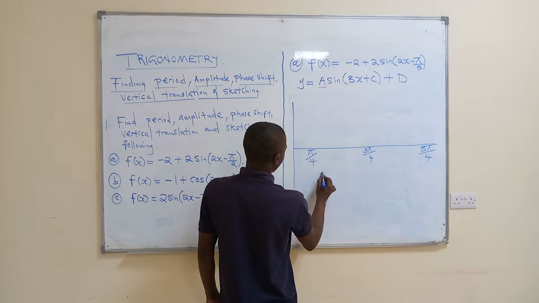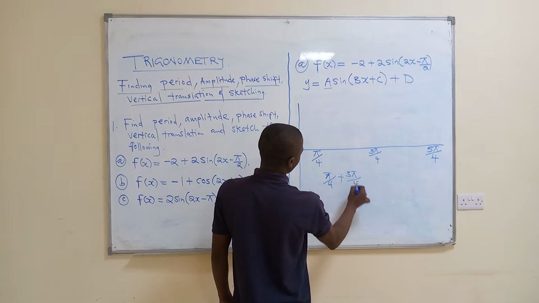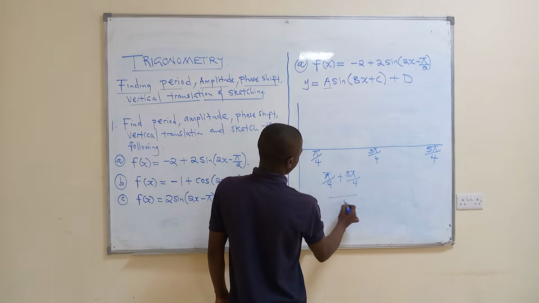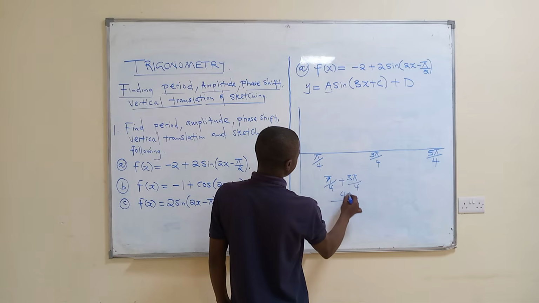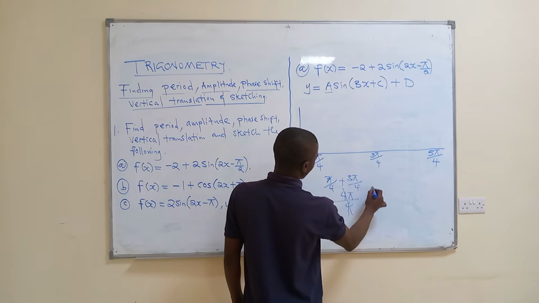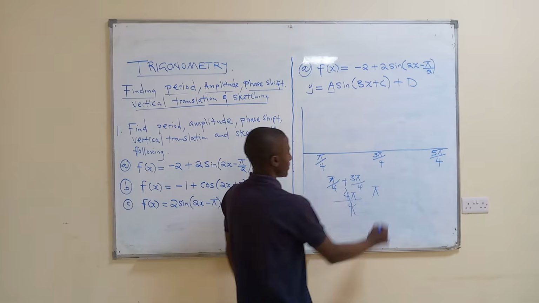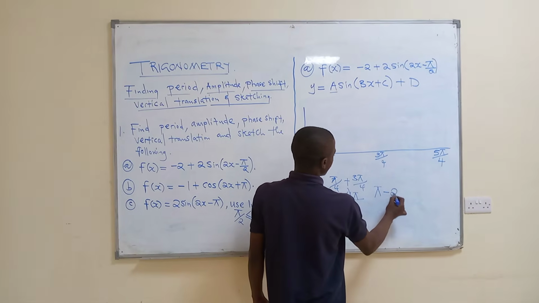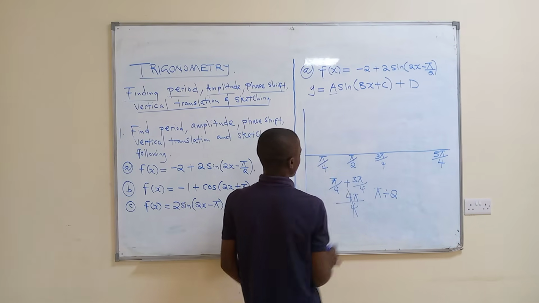So that is pi over 4 plus 3 pi over 4. Common denominator, that is 4. That plus that is 4 pi. We cancel, we are finding pi. I have to divide this value that I have obtained by 2. So that is pi over 2.